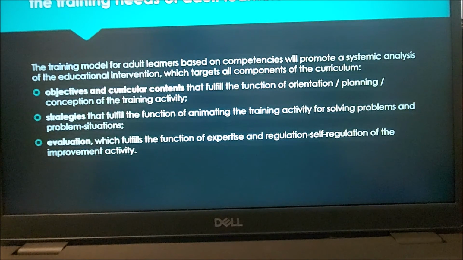A new competency-based model in correlation with the training needs of adult learners. The model in the context of adult learners, based on skills, will promote a more systematic analysis of the intervention in education, which covers all of the components of the curriculum.